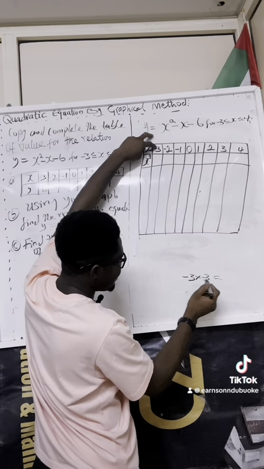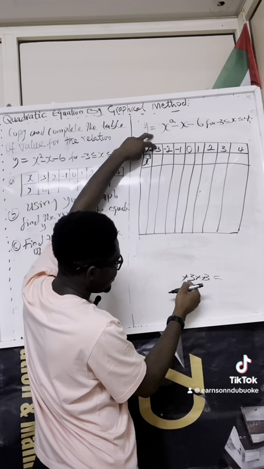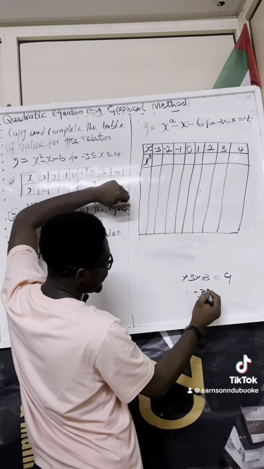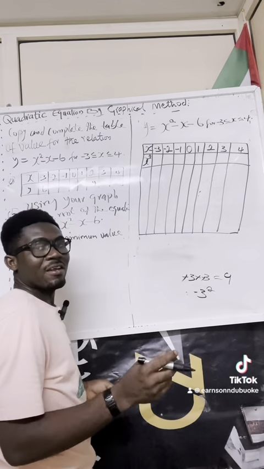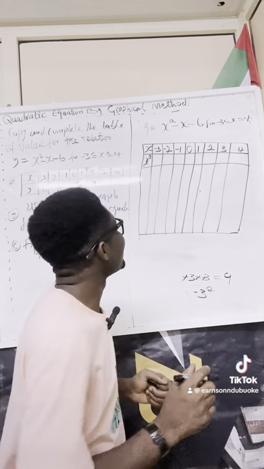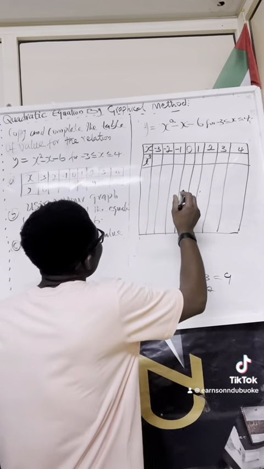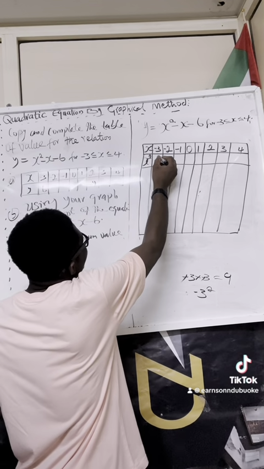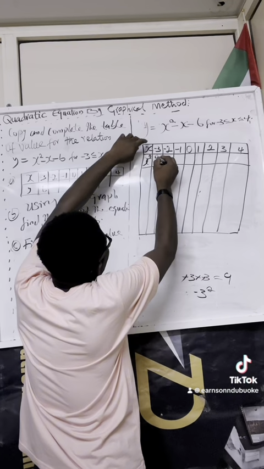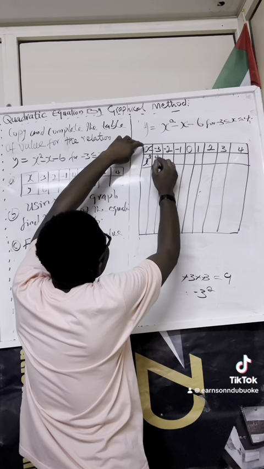Minus cancels minus, and 3 times 3 gives us 9. Or you say -3 squared, and whenever you square a negative, it becomes positive. So now we have here +9, because -3 squared is +9.